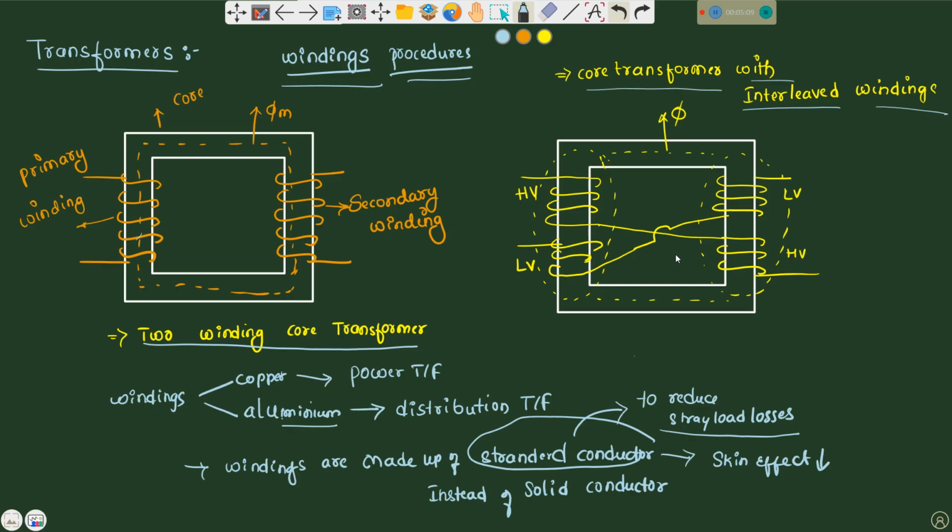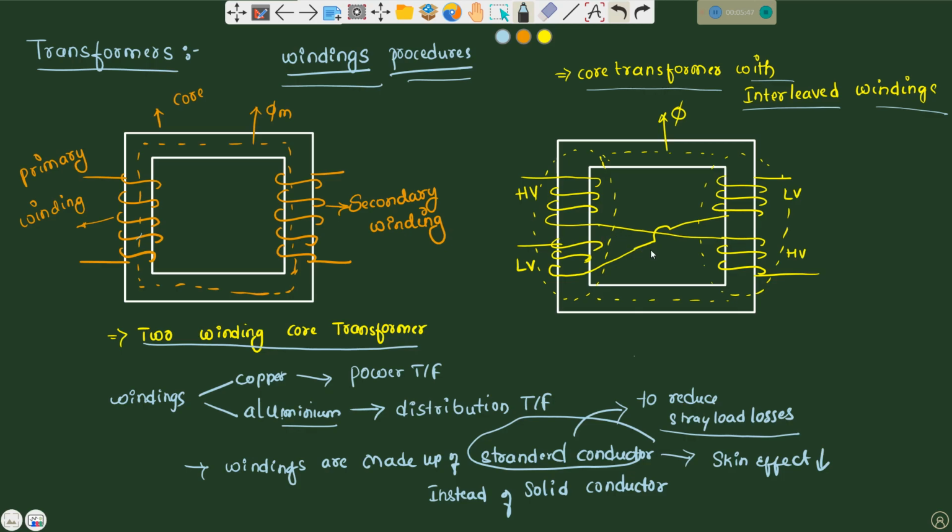Since we are talking about core type, we know there will be more magnetic leakage flux in core type transformers compared with shell type transformers. So half HV and half LV are placed on the same limb.